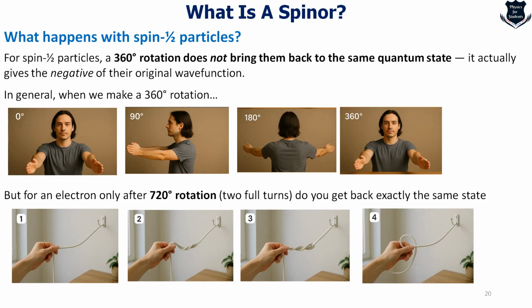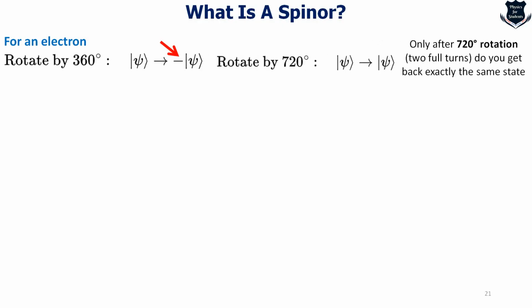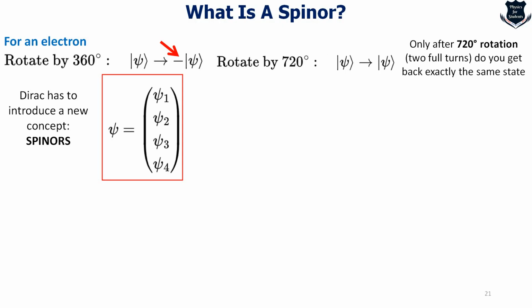Only after a 720 degrees rotation is your cable wire or mobile charger unwound, and it comes out of that tangled state. And this happens exactly with an electron. For an electron, if you rotate by 360 degrees, here you can see I am using the bra-ket notation, it is minus. But when you rotate 720 degrees, it becomes positive.